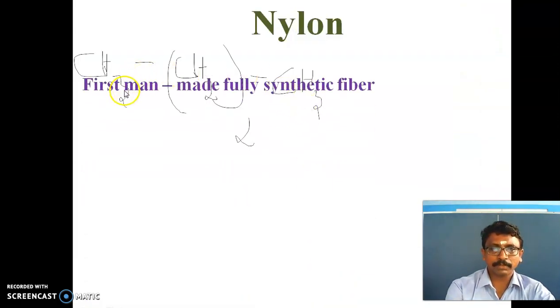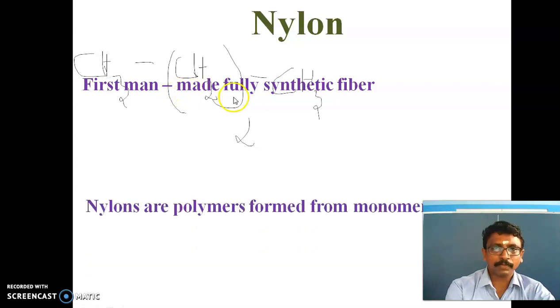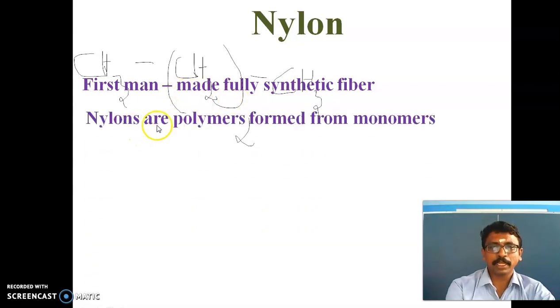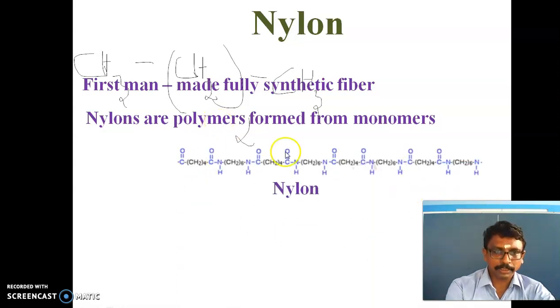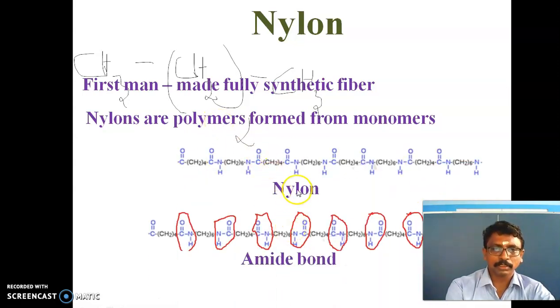This nylon is the first man-made, fully synthesized fiber. Nylons are polymers formed from monomers. So this is the nylon structure. This nylon has the amide bond, so that's why we call it nylon.